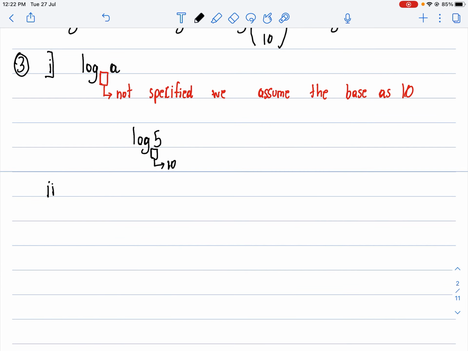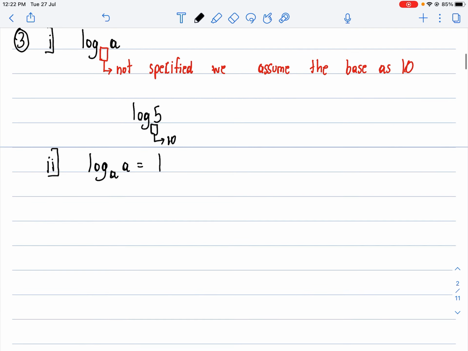And the second property here, which is a mini property, is that if I have something like log A with the base A, it is equal to 1. This is a very, very important property. So if I have log of 5 with the base 5, it will be equal to 1.